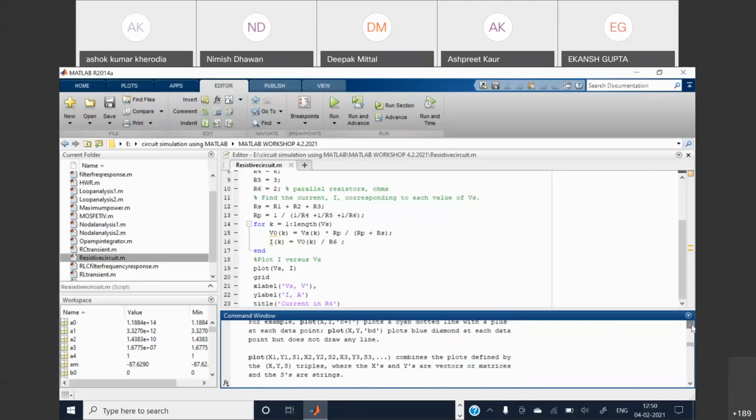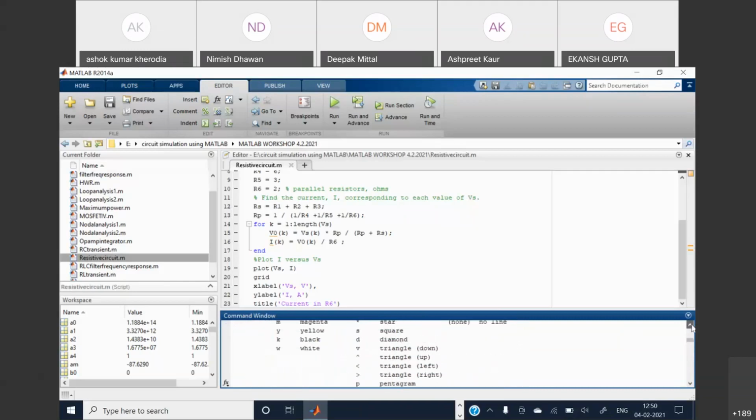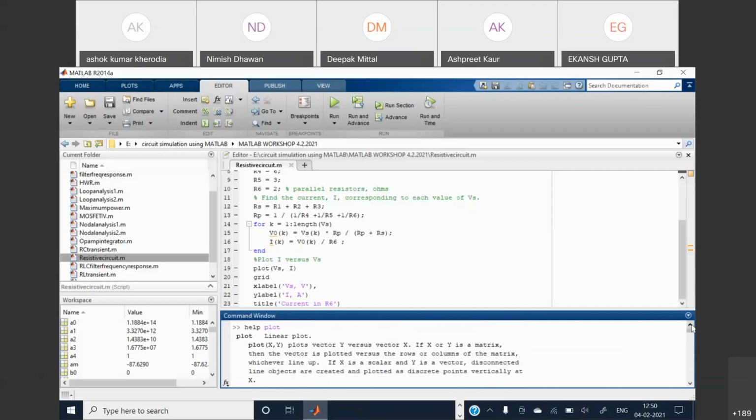So there are a number of variations of the plot command. You can go and find out here. So plot, that is a linear plot. Plot xy plots vector y versus vector x. If x or y is a matrix, then the vector is plotted versus the row or column of the vectors. So you can find out what the meaning of that is.